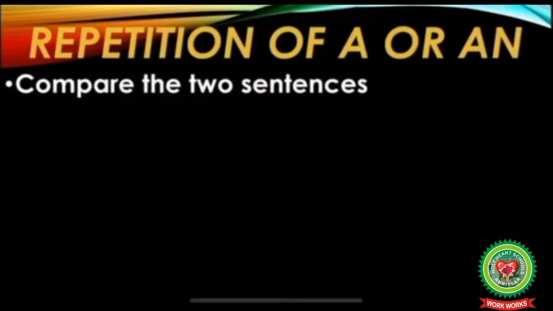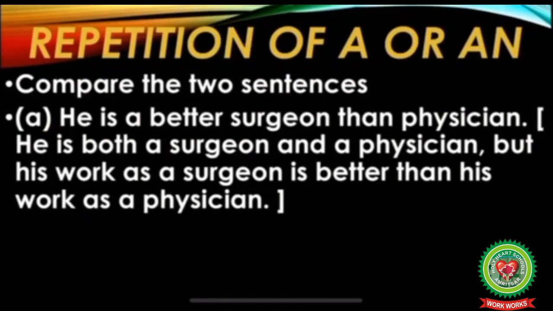Next is repetition of article a or an. Now compare these two sentences. When we compare using the word "than," and if one article is used there, it means we are talking about one person only. See here in the example, he is a better surgeon than physician. This means this person is both a surgeon and a physician, as we have used only one article.